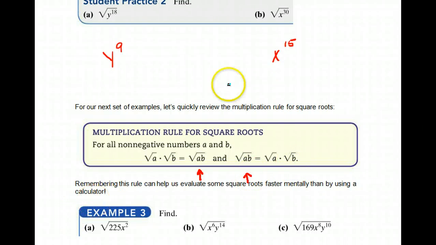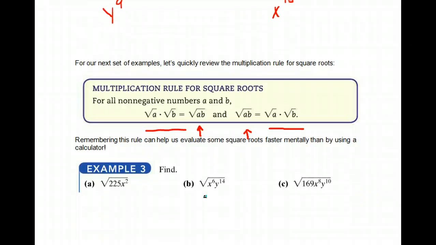So we are permitted to combine them under one radical, and we are also permitted to split apart those factors. Remembering this rule can help us to evaluate some square roots faster mentally than by trying to use a calculator, especially when they contain variables.